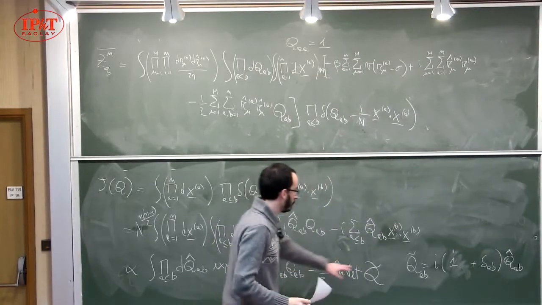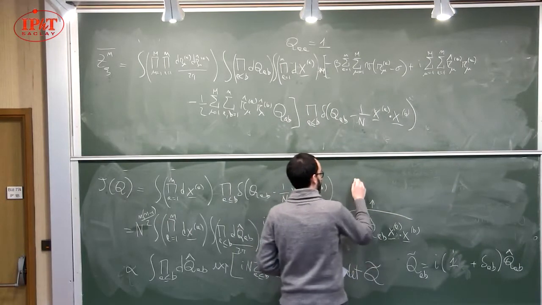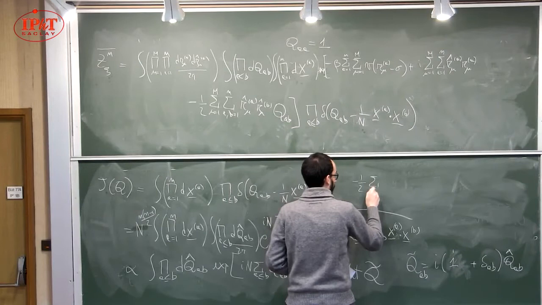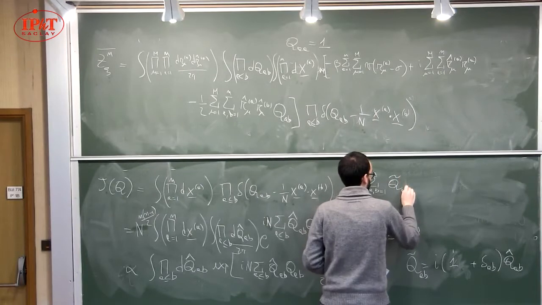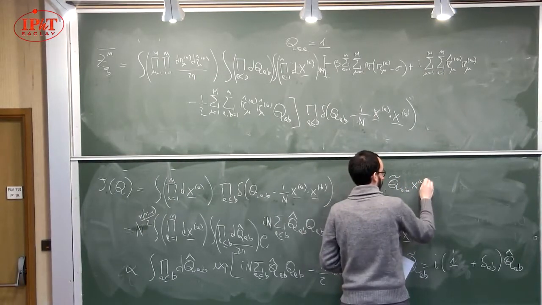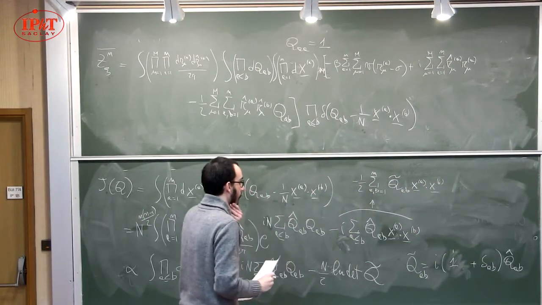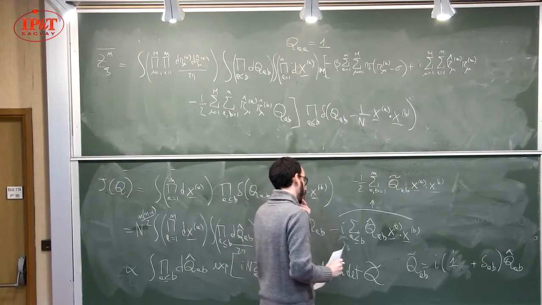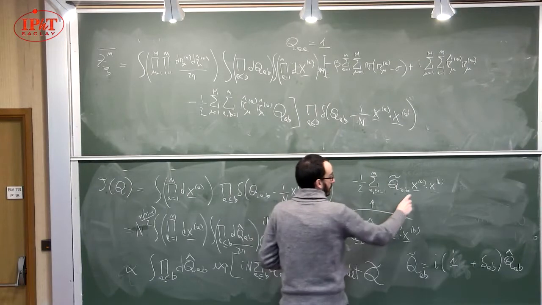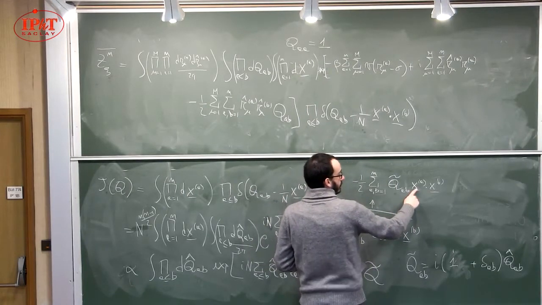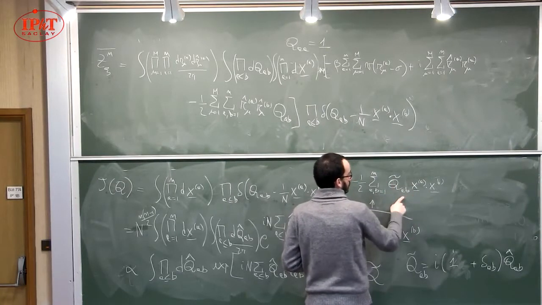Okay, so I just introduced Q tilde because in this way this term becomes. And now you see that when you have this, then for each component of the vector, you have a Gaussian integral with Q tilde as a kernel.